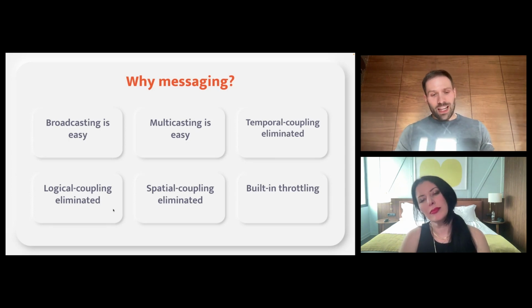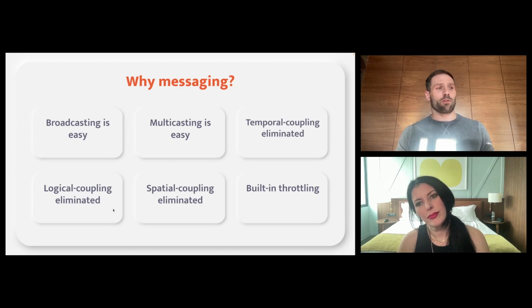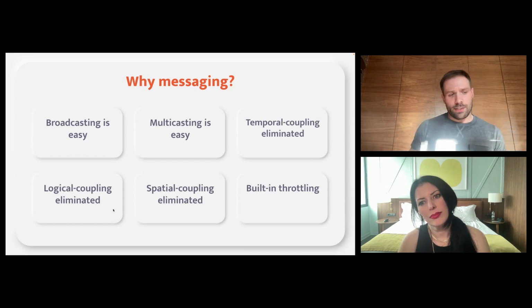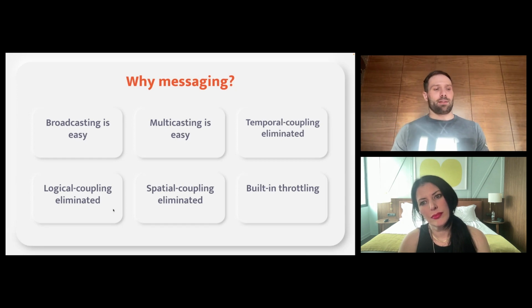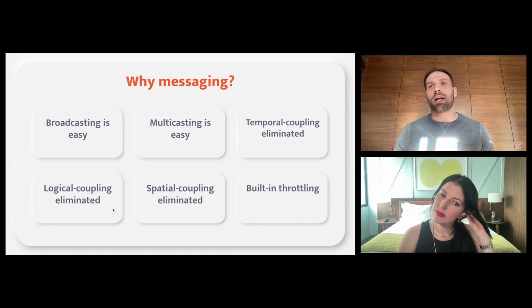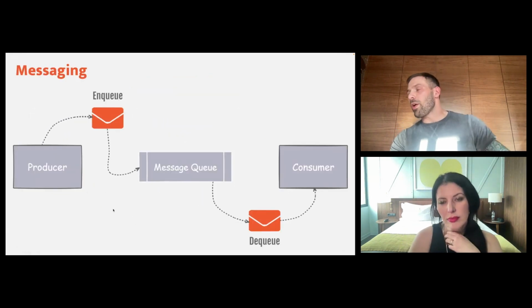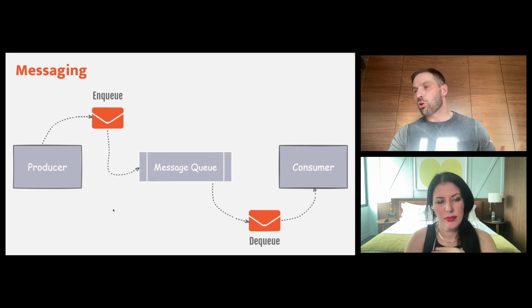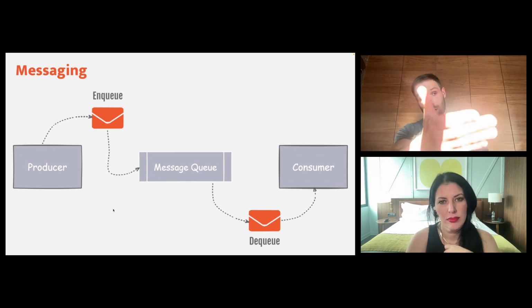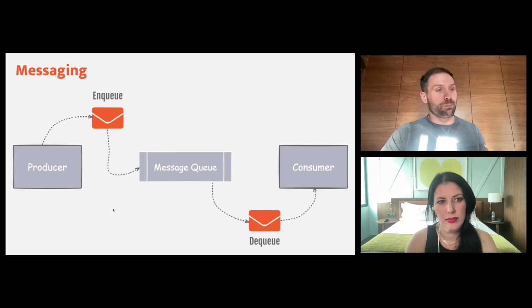Messaging and message brokers eliminate those three types of coupling. But of course, it doesn't eliminate it entirely, because I am still coupled as a producer of a message to the message broker, right? I need to know where it is, I need to be able to communicate with it, and the consumer needs to be connected to the message broker.